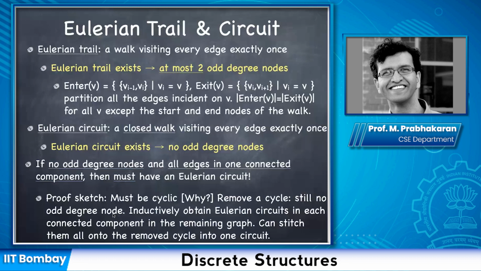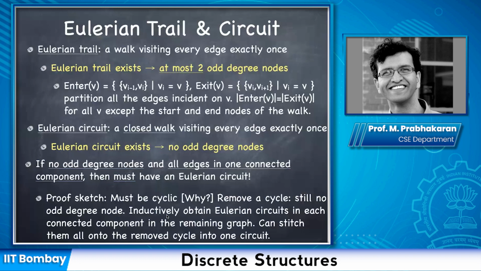Okay, so you still have no odd degree nodes, but of course, what could happen is that even though you originally had only one connected component, when you deleted the cycle, you might break the graph into multiple connected components. But they're all smaller, so you can inductively obtain Eulerian circuits in each connected component of the remaining graph.